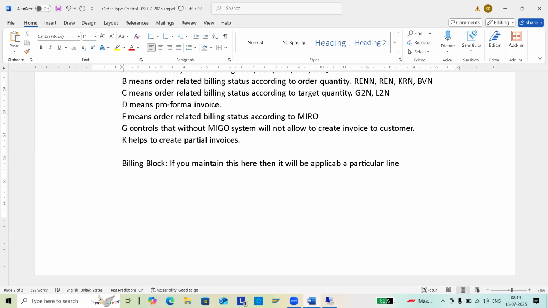The invoice will not be generated due to that billing block. Particular line item will be blocked for invoice. Then only the authorized person will release the billing block.